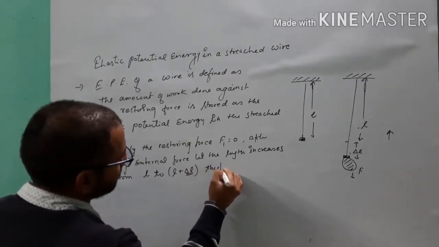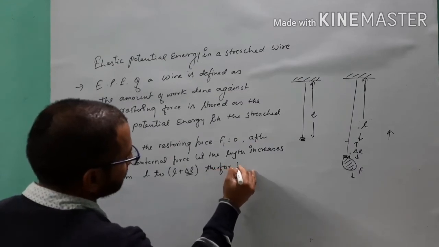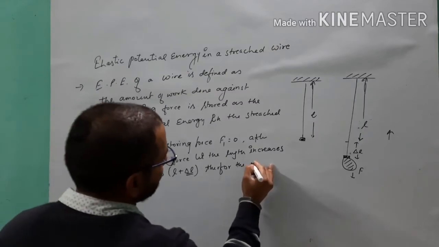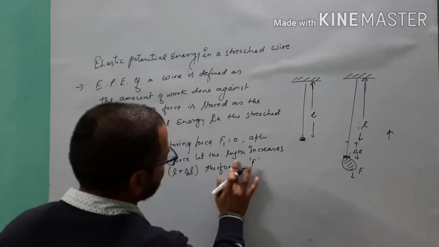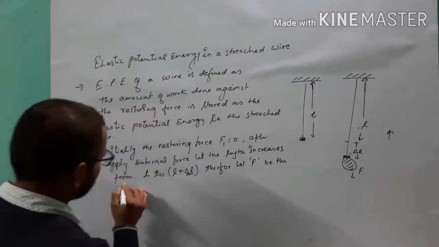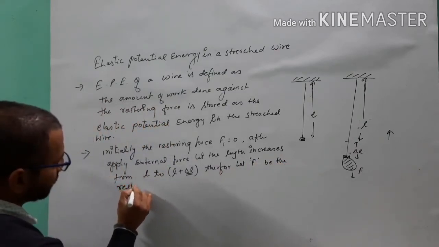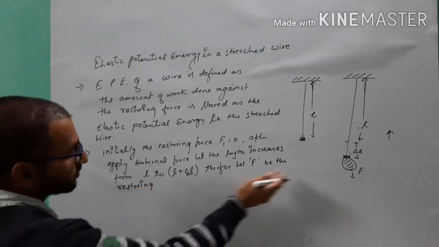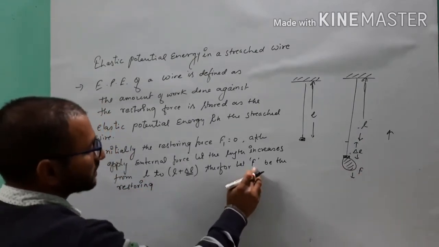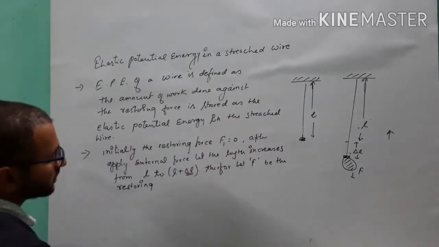Therefore let F be the restoring force. When we remove this weight, by this restoring force the wire will regain its original configuration.